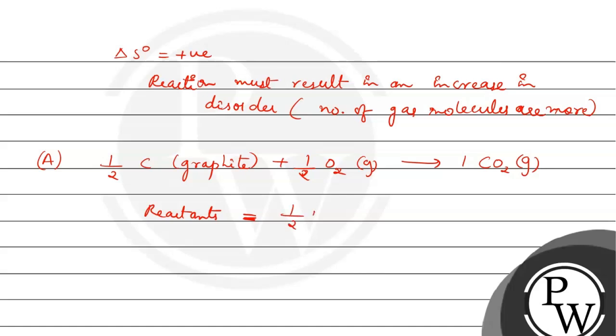Whereas on the product side, we have 1 mole of gas, that is carbon dioxide. So it changes from half to 1. So you can clearly say that delta S naught is a positive value here, because the number of gaseous molecules is increasing in this reaction.